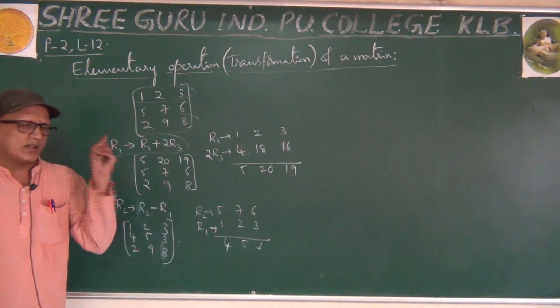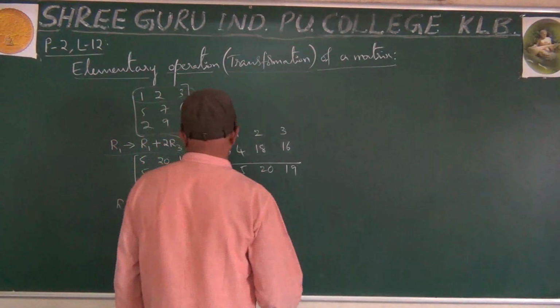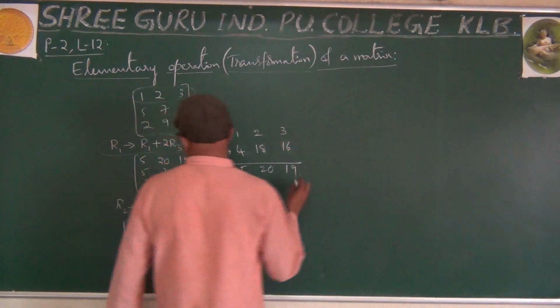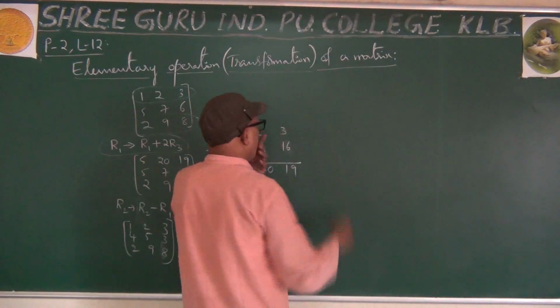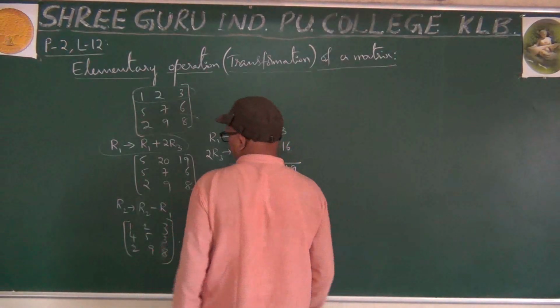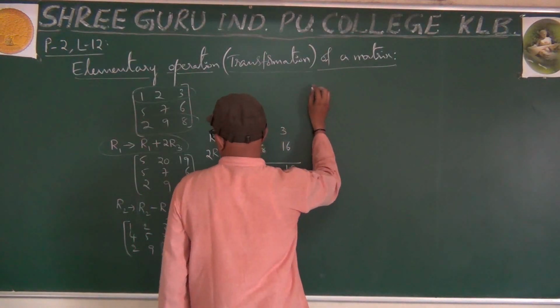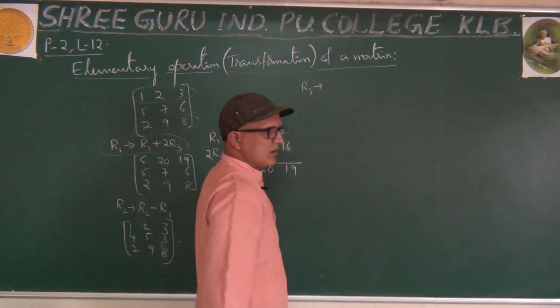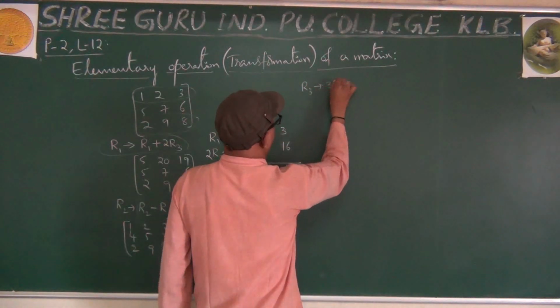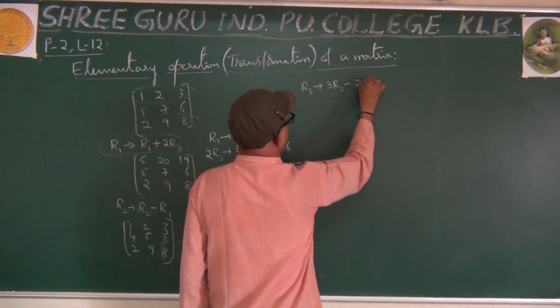Okay, one more example. Two more examples, because we have seen only row operations. One or two more examples, then I will come to columns. The method is the same. So I am going to change R3, the third one. How am I changing? 3 R3 minus 2 R1.